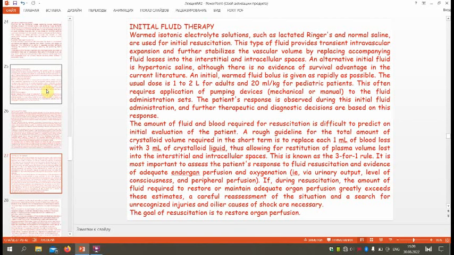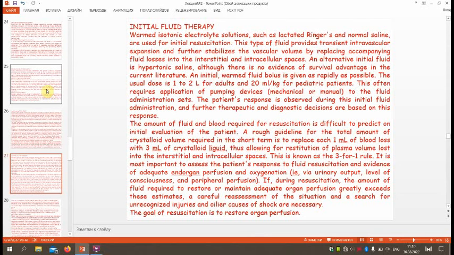Initial fluid therapy. Warmed isotonic electrolyte solutions such as lactated Ringer's and normal saline are used for initial resuscitation. This type of fluid provides transient intravascular expansion and further stabilizes the vascular volume by replacing accompanying fluid losses into the interstitial and intracellular space.